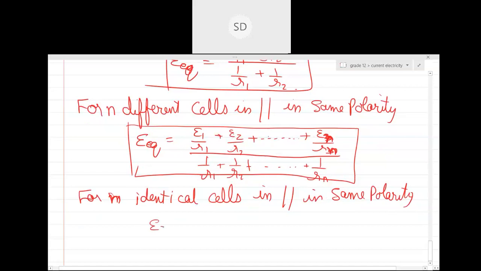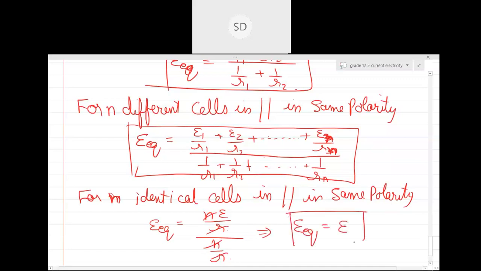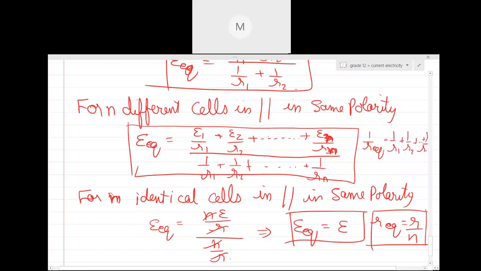N into E by R. This will become N into E by R divided by N by R. Can you see over here, if all of them are equal, then E equivalent will be E, and R equivalent will be equal to R by N. Clear? So this is your grouping of them.